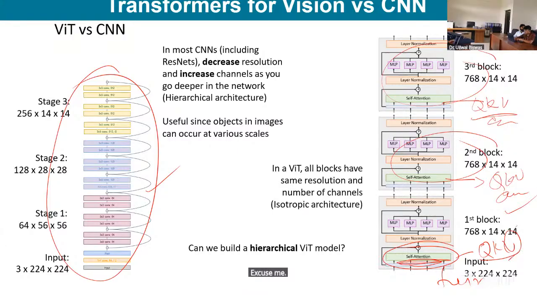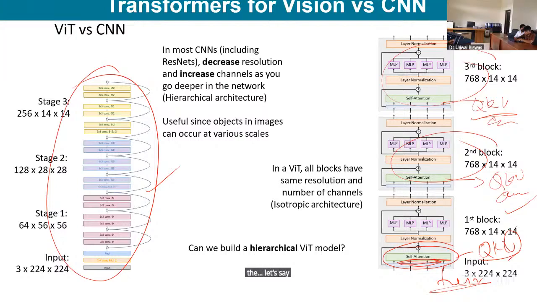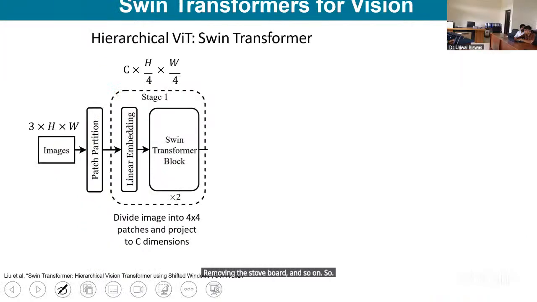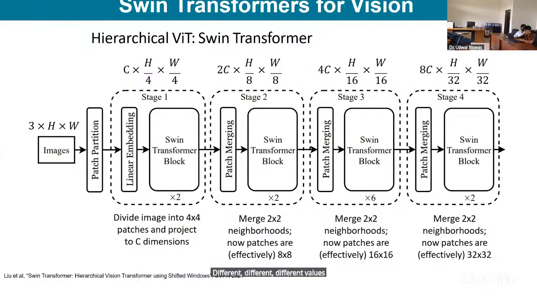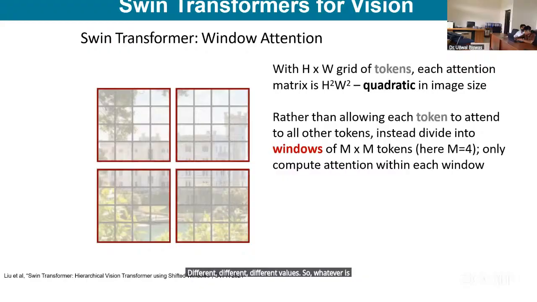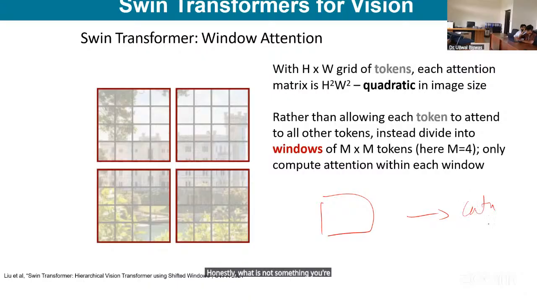In terms of language also, maybe in some layer the thing that gives value is the grammatical structure, in another the word meaning, in another removing the stop words and so on. So every layer, even in our Swin transformer, will have different values. Whatever is decided at the end of backpropagation, our objective, the loss function, is going to say whether this is a cat or not.